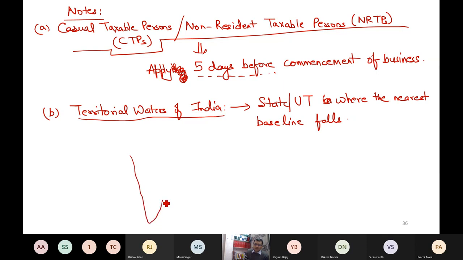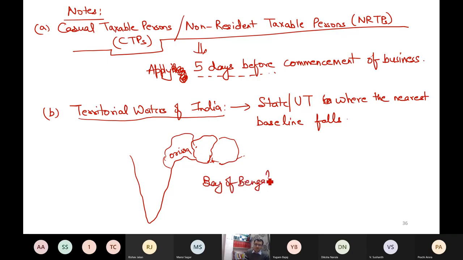For example, I am taking this as an example of Odisha, and this is Bay of Bengal. Okay, Bangladesh.